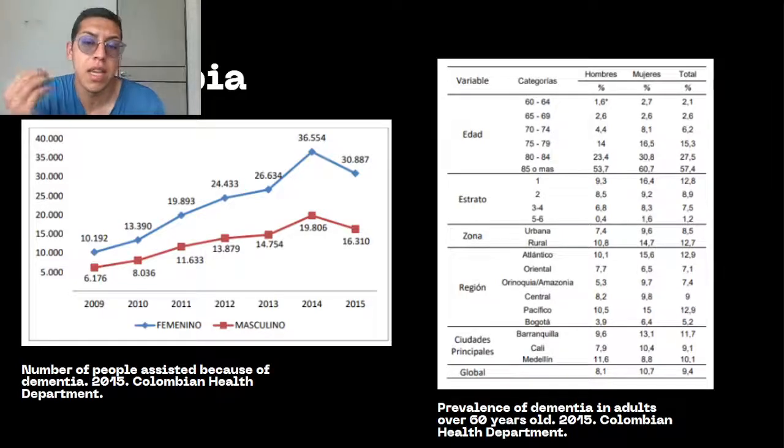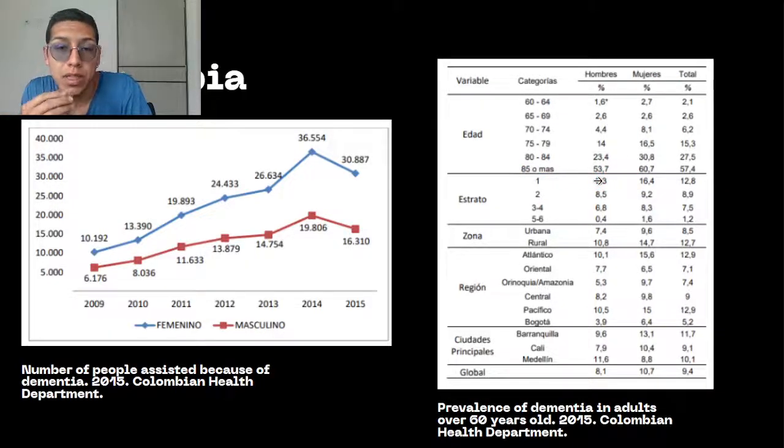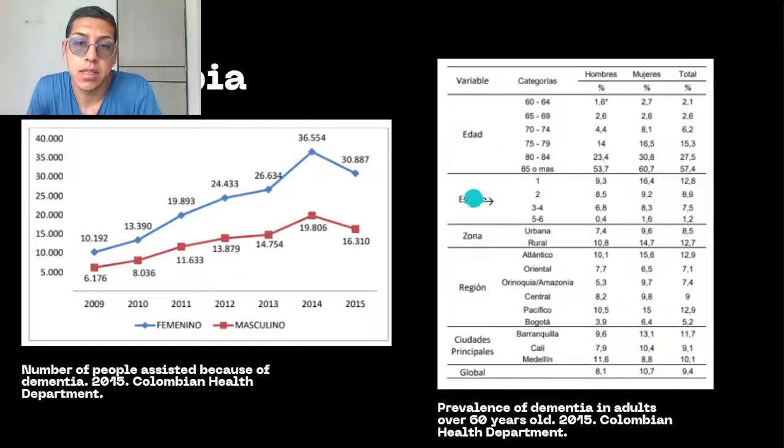In this case, the variables are age, status, zone, region, and principal cities. It is important to highlight that, as we said before, as age increases, the risk increases.